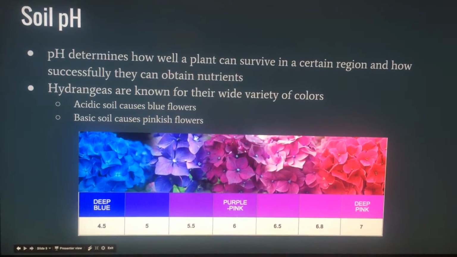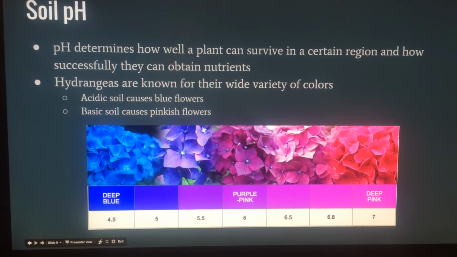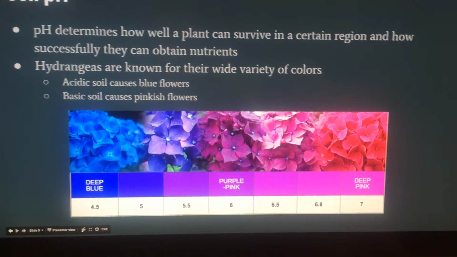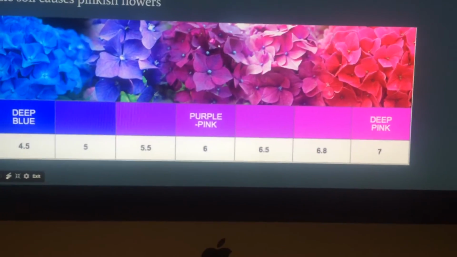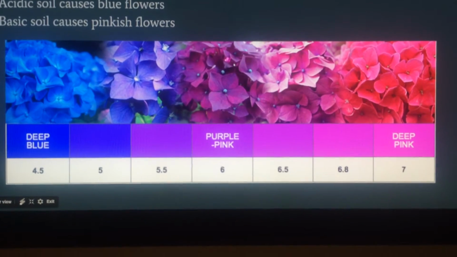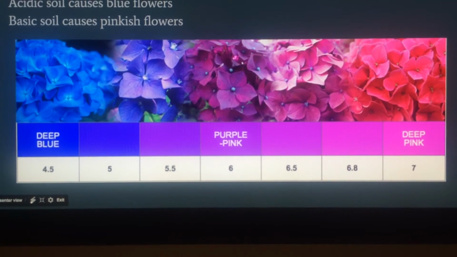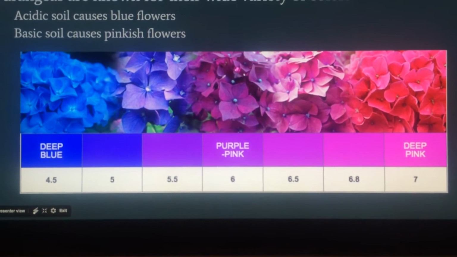So, soil pH. pH determines how well a plant can survive in a certain region and how successfully they can obtain nutrients. As you can see, these hydrangeas have different pHs, and with these different pHs, they also have different colors. The more acidic you are, the more bluish the color of your hydrangeas.